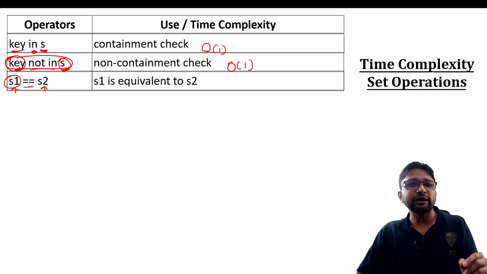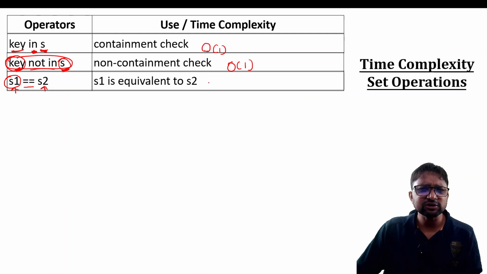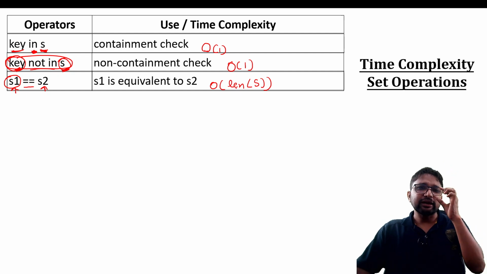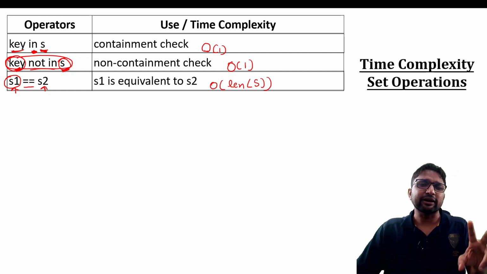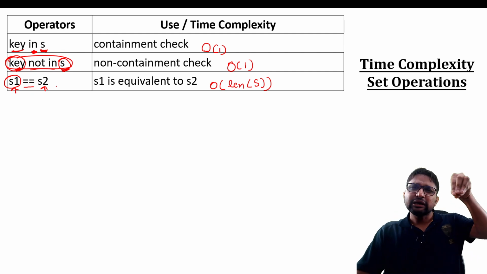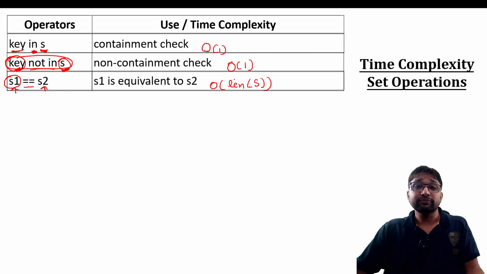But note one more thing: the length of S1 and S2 should also be equal. So this will take order of length of the set. We are assuming that the length of both sets S1 and S2 is equal, so this will take order of length of S time. You just pick one set and compare all its elements into the other set one by one. So that will take order of length of S time.